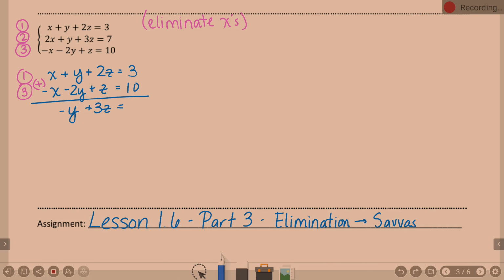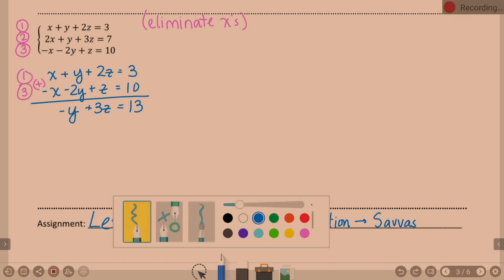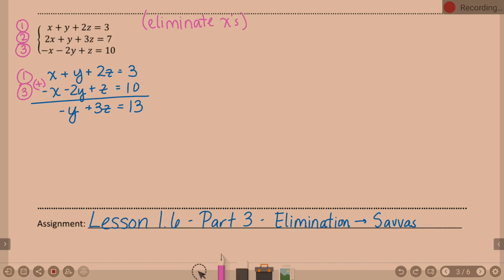Carry down your equal sign, and 3 plus 10 is 13. Okay, and if you recall my technique, I then label this, or I number this equation number 4. Okay, and again, that's just part of my organization here. So there we have equation 4.